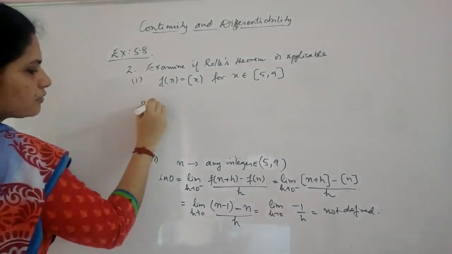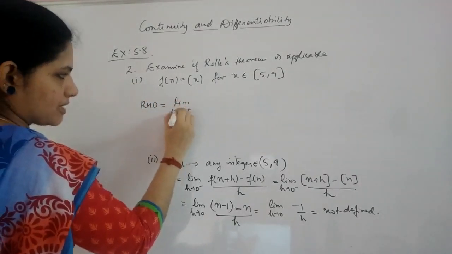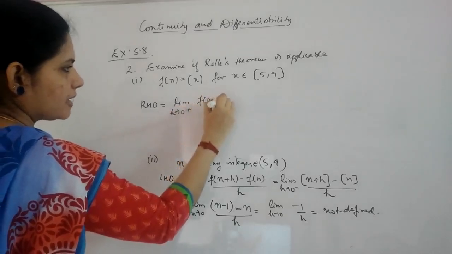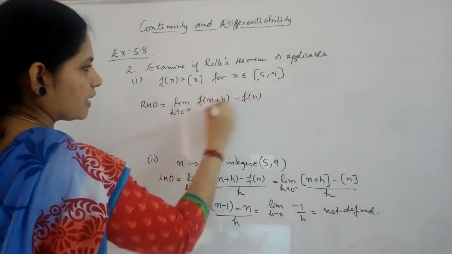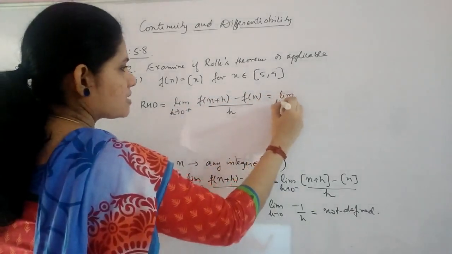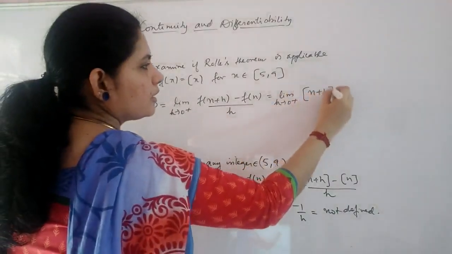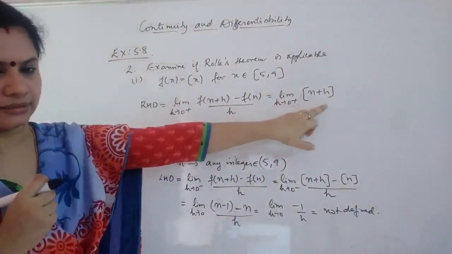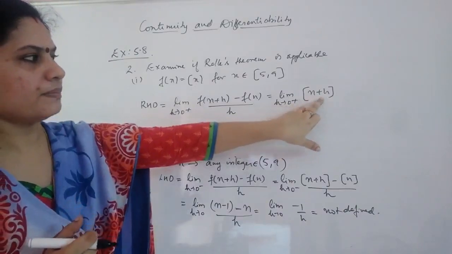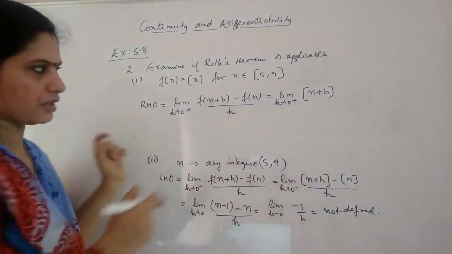Now for RHD, when you are going for RHD, what you will get? Limit h tends to 0 plus f of n plus h minus f of n divided by h, which is equal to limit h tends to 0 plus, again this will give you a quantity which is greater than n. That is, it will be n plus 0 point something, there it was minus 0 point something. Okay.